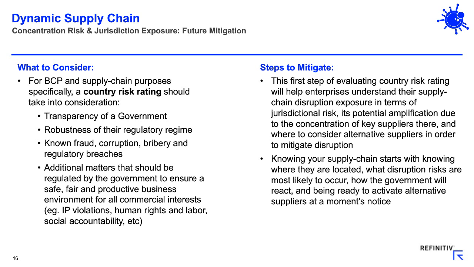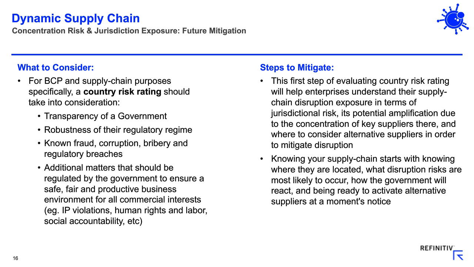That should take into consideration first and foremost the transparency of a government, the robustness of the regulatory regime, as well as any known fraud, corruption, bribery, and or regulatory breaches, which are standard parameters around most compliance programs to some effect, as we discussed earlier.